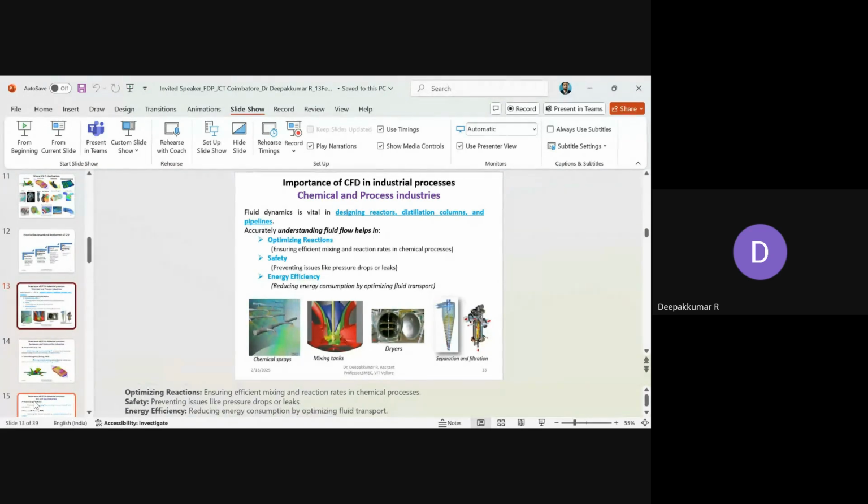And safety is another perspective: you can prevent issues like pressure drops or leaks in the system through CFD analysis. And energy efficient systems can be developed, reducing energy consumption by optimizing the fluid transport across chemical and process industrial systems.